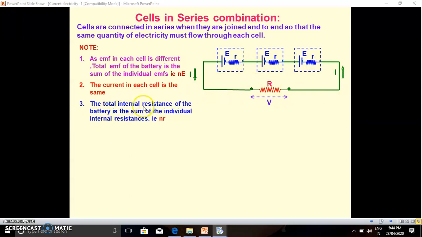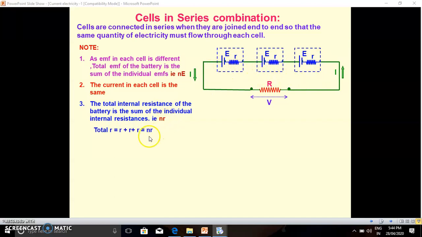The total internal resistance of the battery is the sum of the individual internal resistances, that is nr. Small r is the internal resistance of each cell, and it is the same for all. Consider n number of cells connected in series, each cell having internal resistance r, so n number of cells into r.